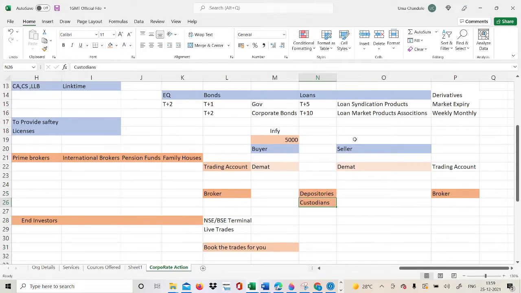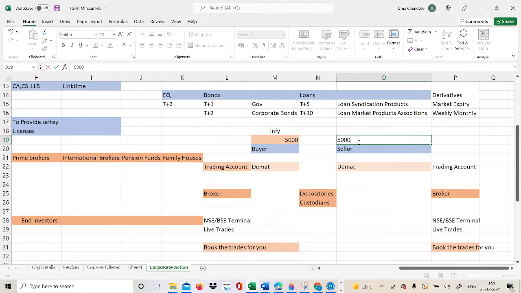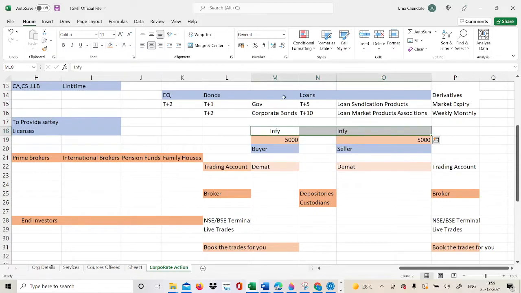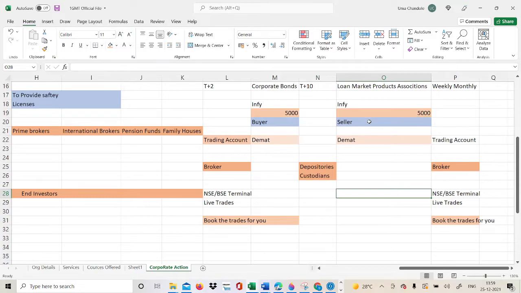When the seller sends instructions for selling, the same activity happens, but here it is for selling purposes, because the seller wants to sell 500 quantities. The seller sends instructions to the broker that he is looking to sell his holding.